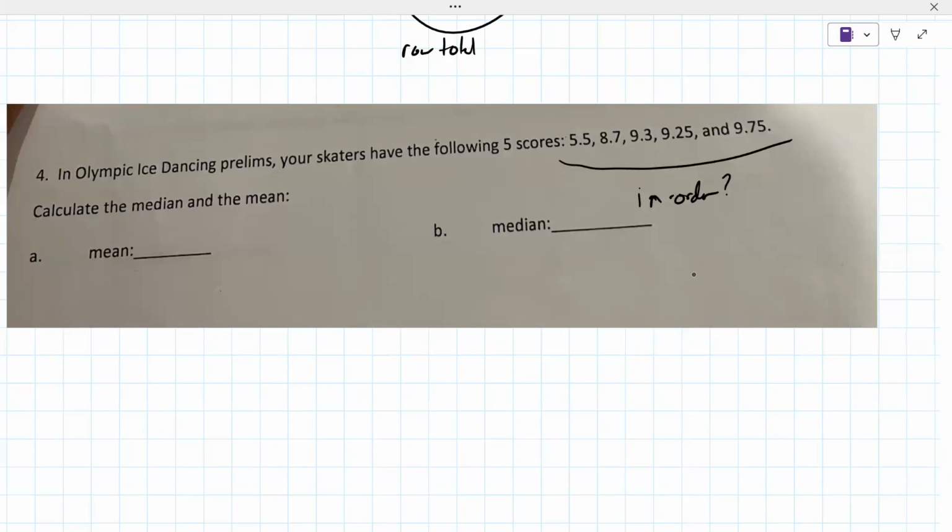9.25. Right, so you actually have to put them in order. All right, now to find the mean, how do you do that?